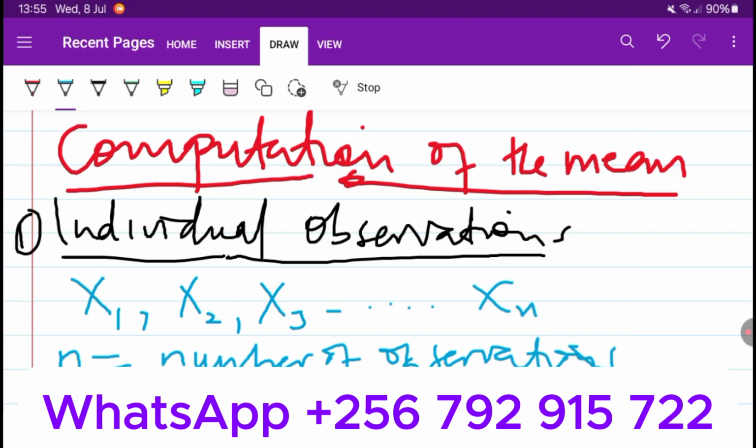And of course, our x will be the individual observations, or what we call the values. But these are individual values, they are not in a group.